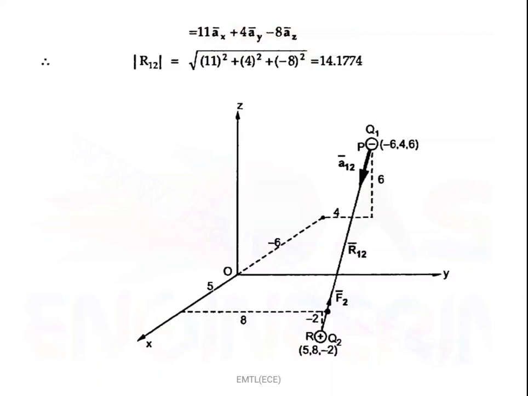So now we also have to find the mod of R12. The magnitude of this position vector is the square root of the coefficient of ax bar, that is 11 square, plus the square of the coefficient of ay bar, that is 4 square, plus the coefficient of az square, that is minus 8 square.